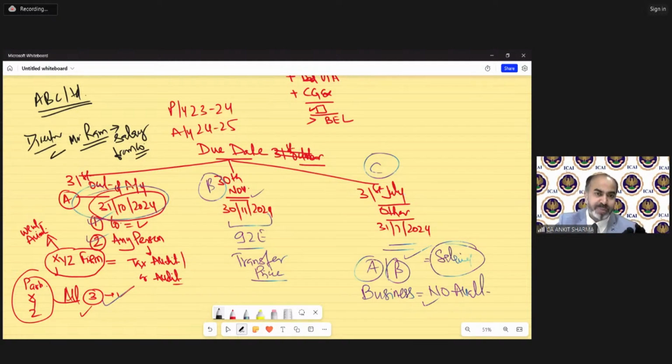So what should be the date of filing of return for Mr. Ram? It will be 31st of October or 31st of July. He is the director of ABC Limited Company. So my question is: what will be the due date of filing of return for Mr. Ram, whether it's 31st of October or 31st of July?